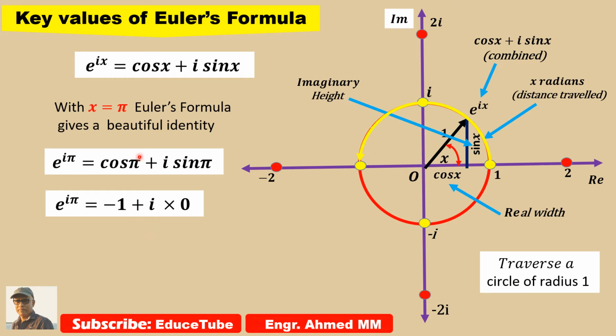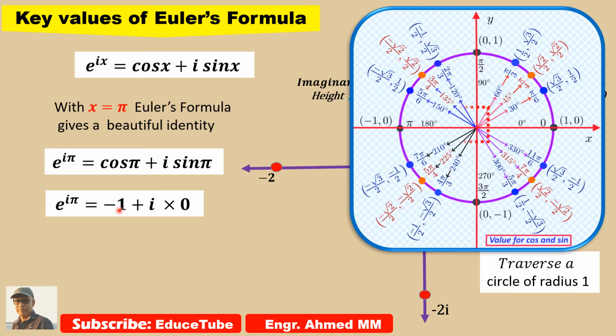But first we check cos pi, because already I put pi in this formula. So this will be x, it will be pi, and here it will be i sine pi. And here cos pi equals -1. Let's see the table here.